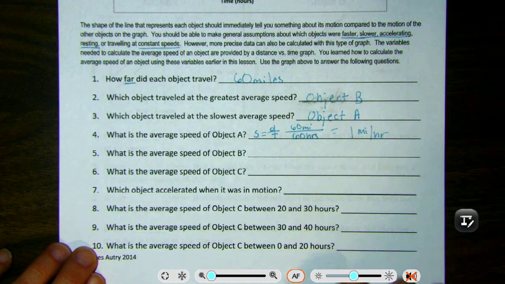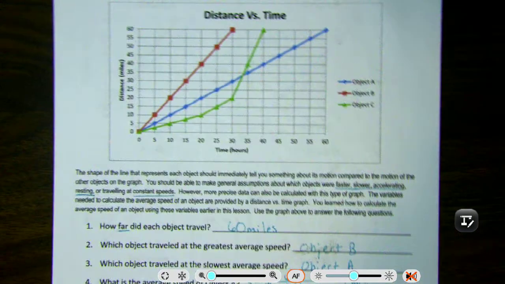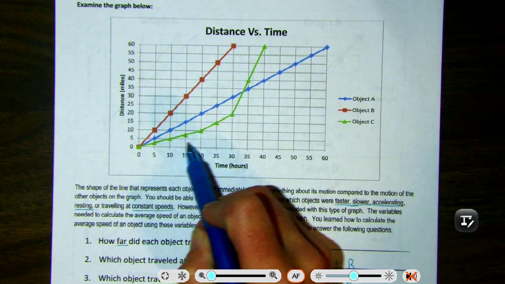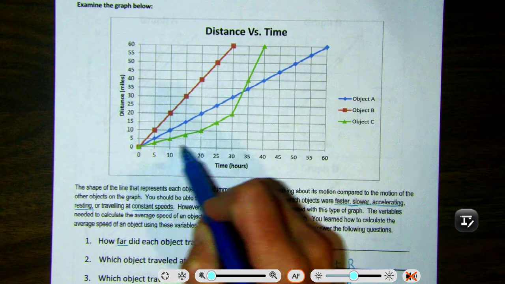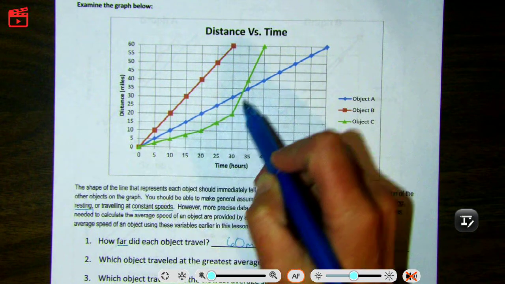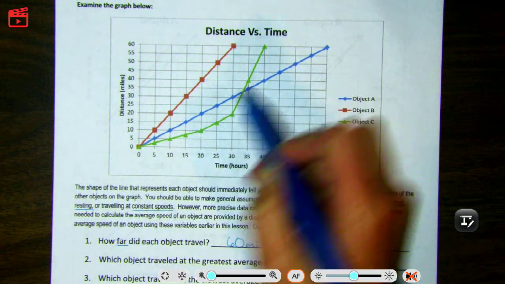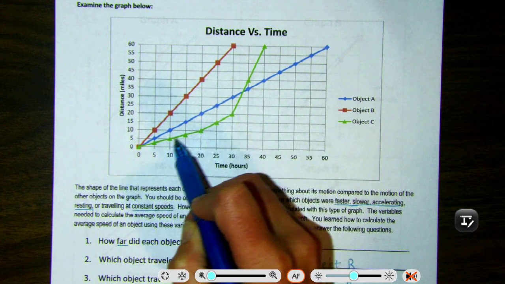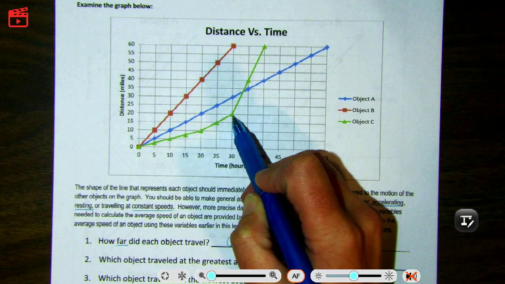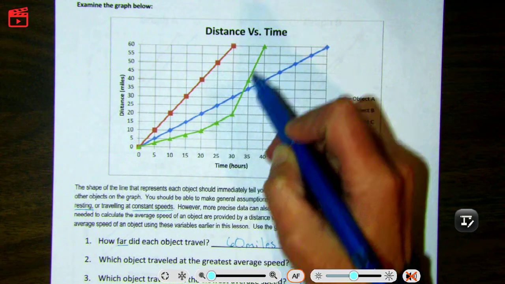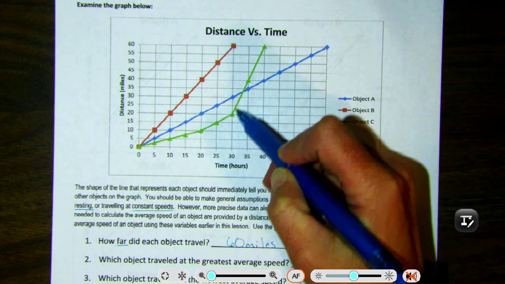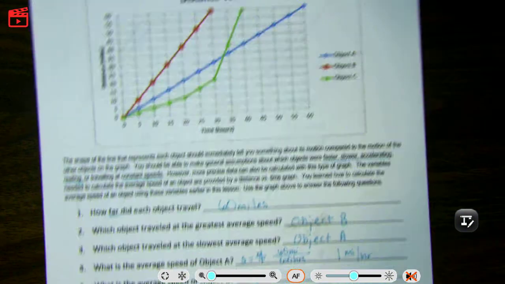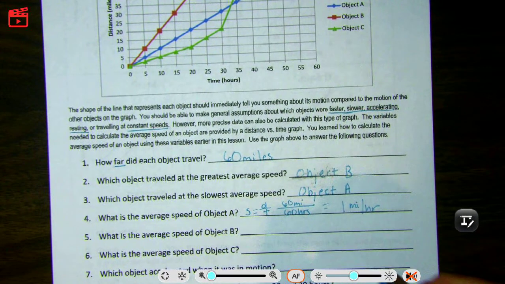So on distance and time graphs, we should know if we see a curve like that, that means it went faster, right? Because it had this slope that was not very steep, and then all of a sudden right here it started going boop and it got much steeper. So this means the speed increased, right? So a curve like this on a distance and time graph would mean acceleration.